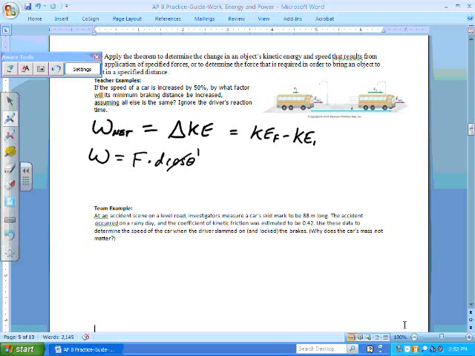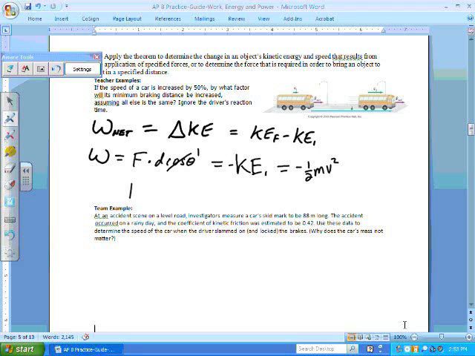Now we'll call it the first point where we don't have a change in kinetic energy, the original speed, that's just going to be negative KE1, we'll call it. And KE1 is going to be 1/2 mv squared.